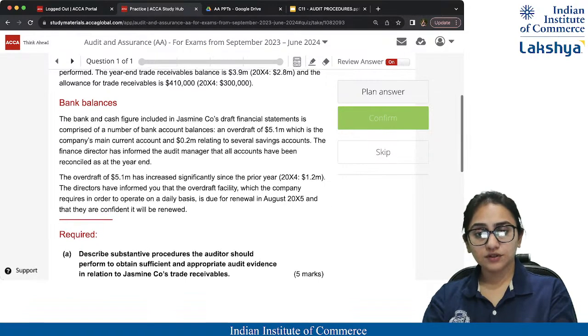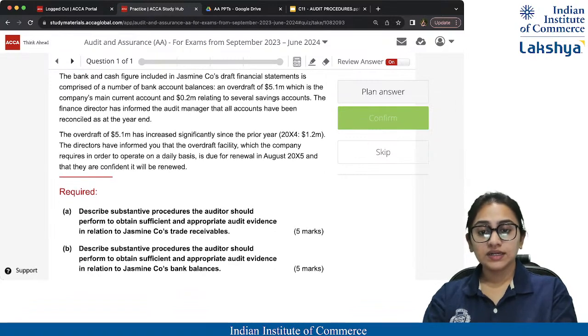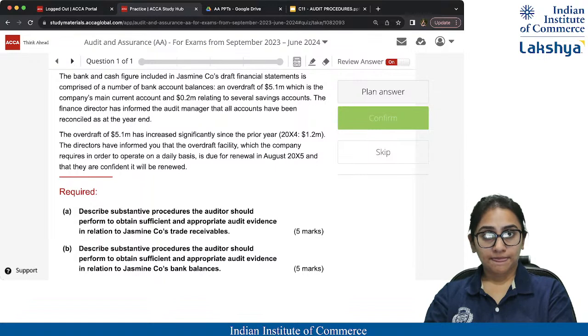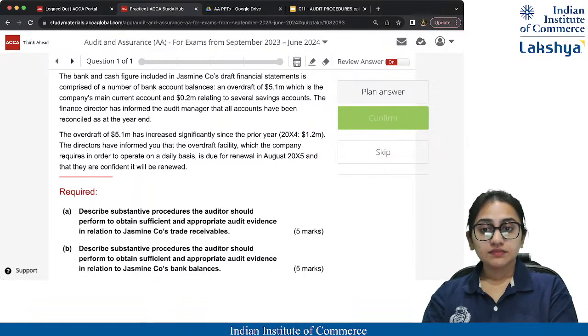The overdraft of $5.1 million has increased significantly since the prior year. Prior year it was $1.2 million. This year it is more than double. The directors have informed you that the overdraft facility, which the company requires in order to operate on a daily basis, is due for renewal in August 20x5 and that they are confident it will be renewed.